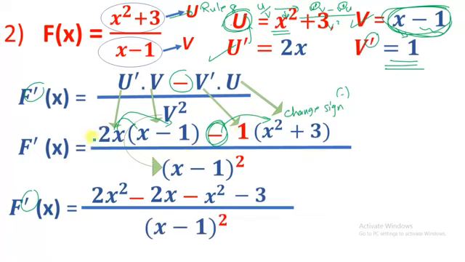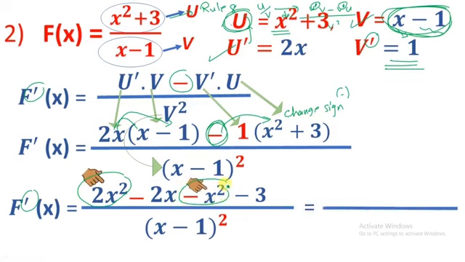Now we will add the similar terms. Here we have 2x squared minus x squared, and the answer is x squared minus 2x minus 3 over x minus 1 squared.